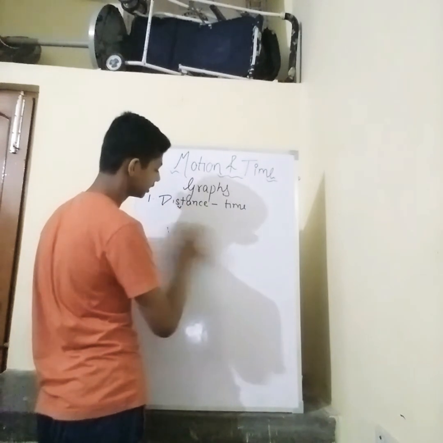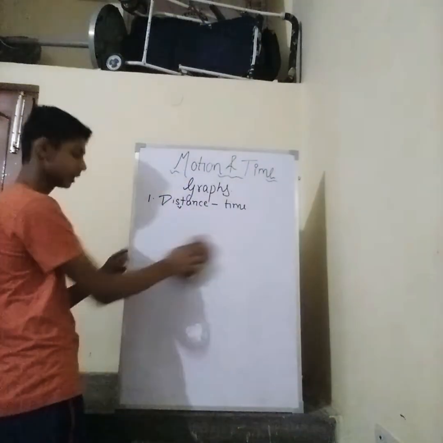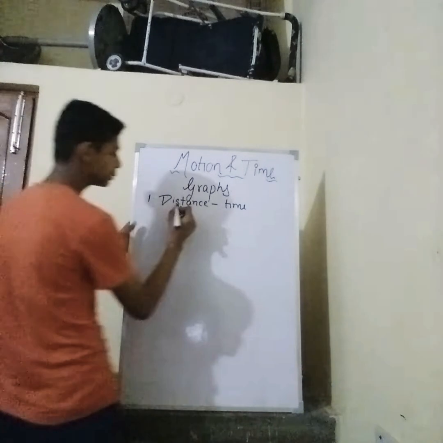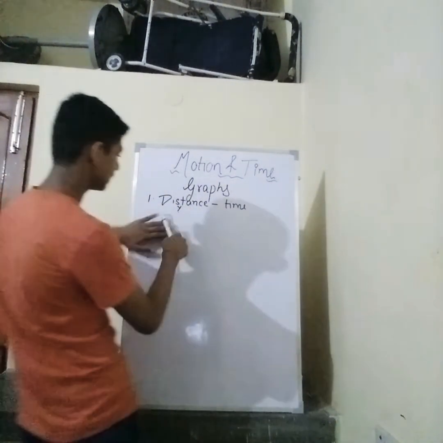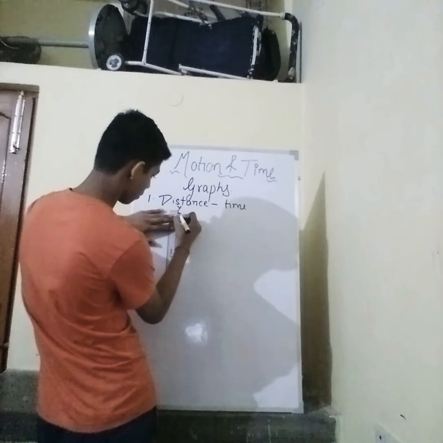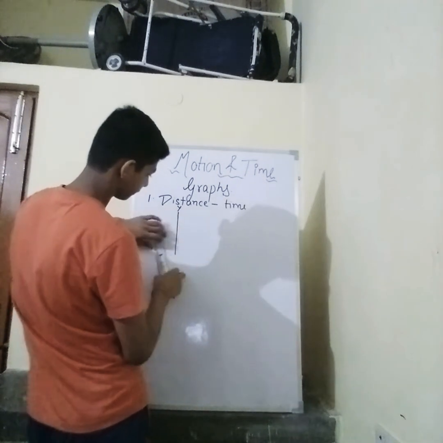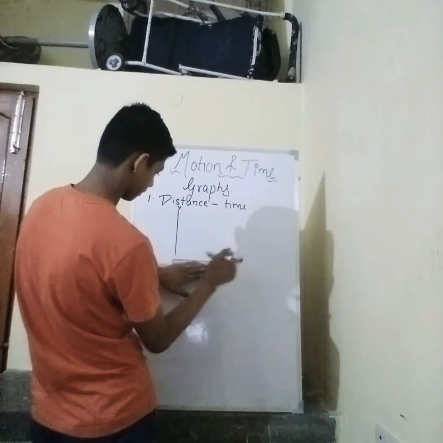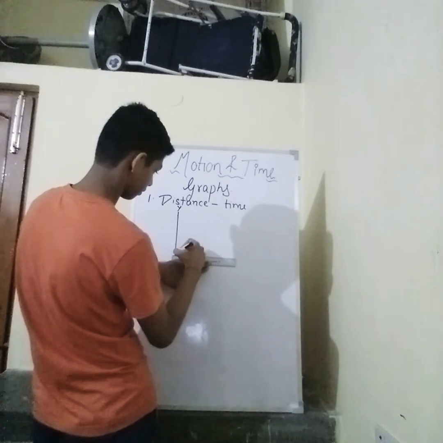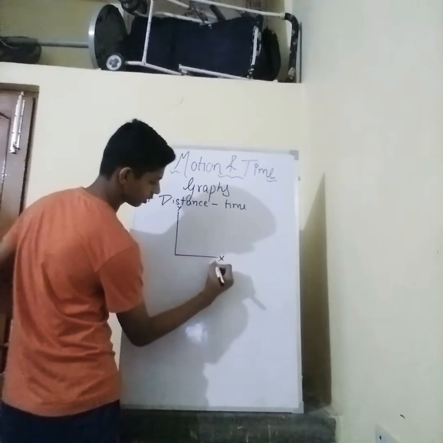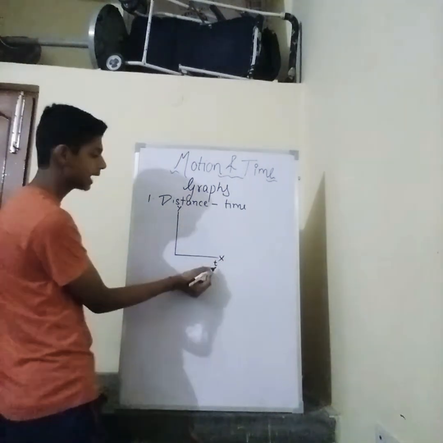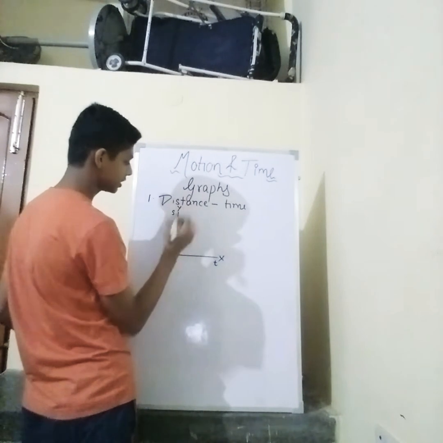If the particle is at rest, which means with time its position is not changing, the graph looks like this. I am writing t for time and s for distance.